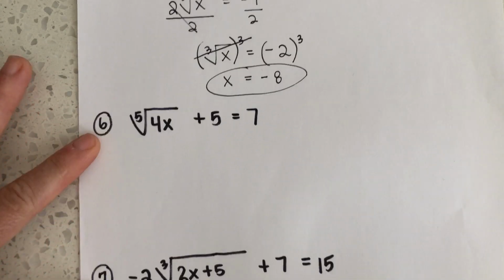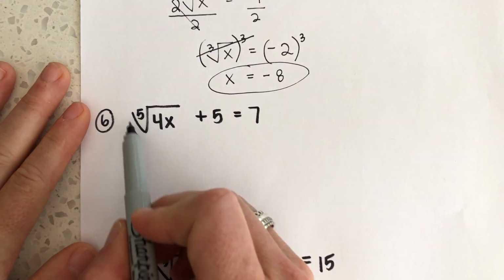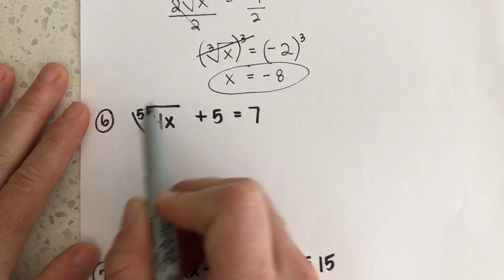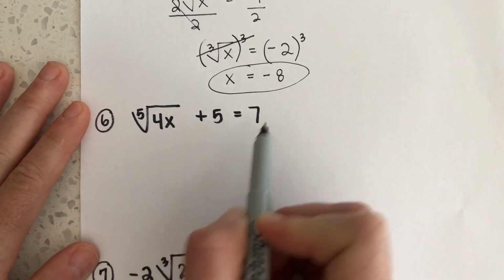All right, look at this equation. The fifth root of 4 times x plus 5 equals 7. Here's your radical, and there's x. He's stuck under it, so I can't get to x until I get rid of this radical. But first, I have to get the radical alone. So minus the 5.